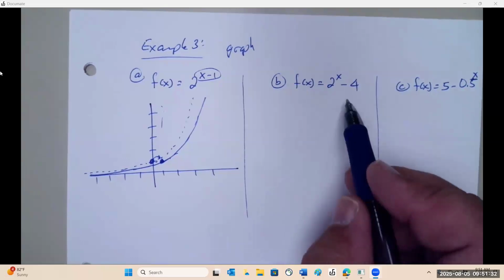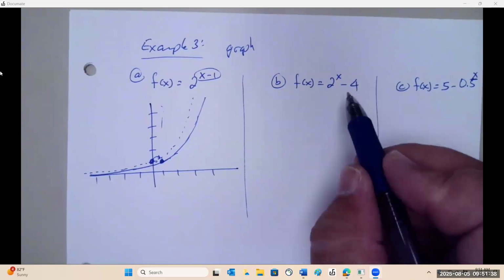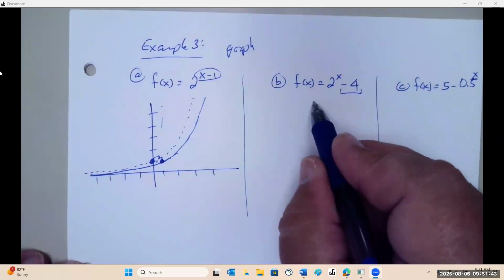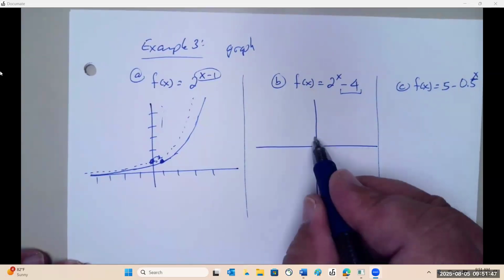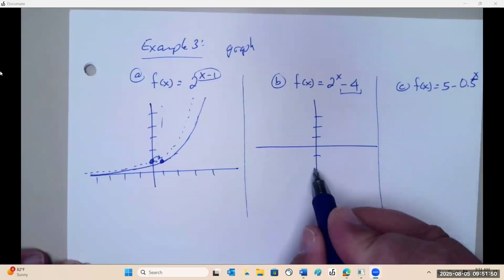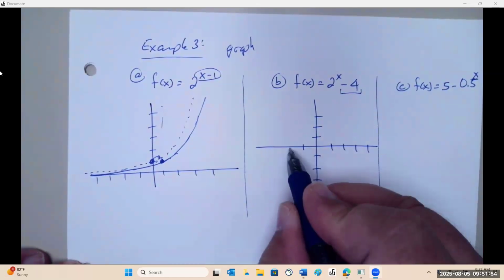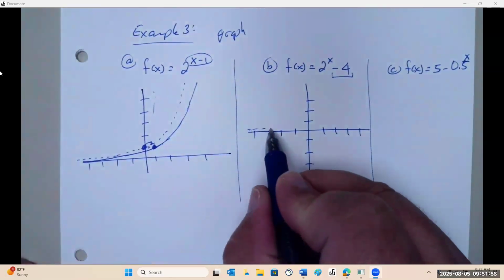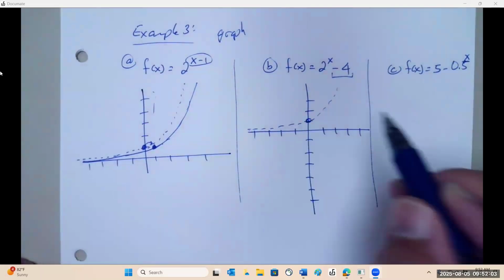How about this one? What's this one going to do? It's a vertical shift, right? Because this doesn't affect the x, it affects the y. So the original graph, again, looks like this.